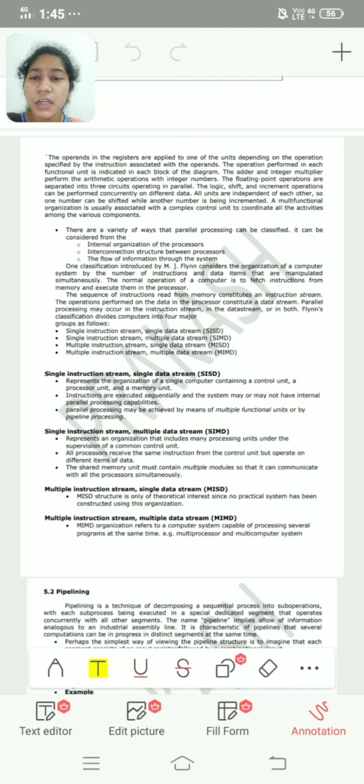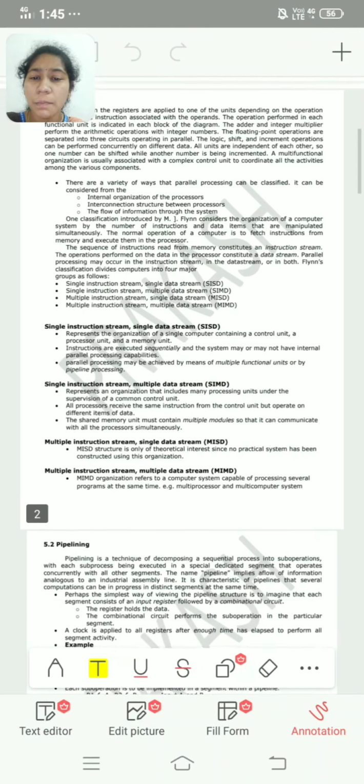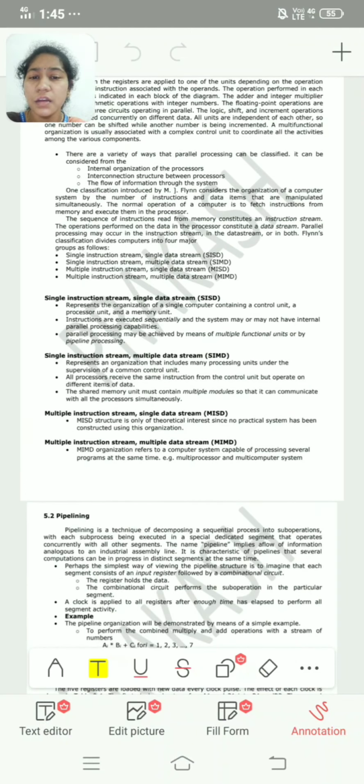A multifunctional organization is usually associated with a complex control unit to coordinate all the activities among the various components. There are a variety of ways that parallel processing can be classified.